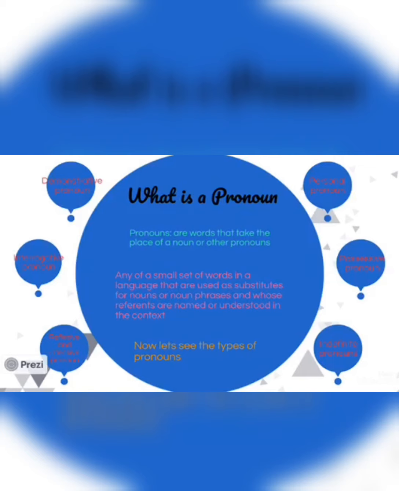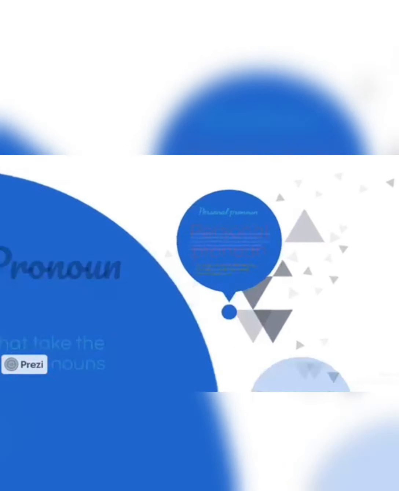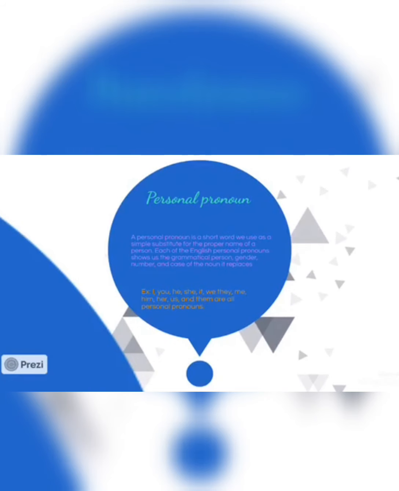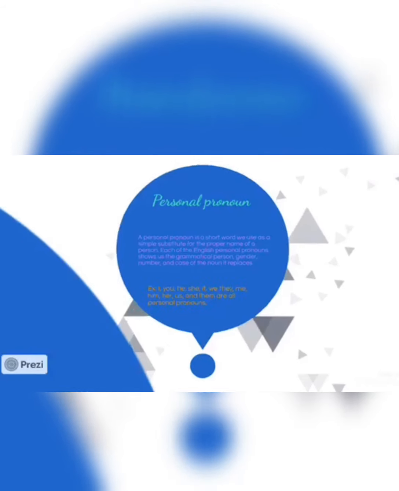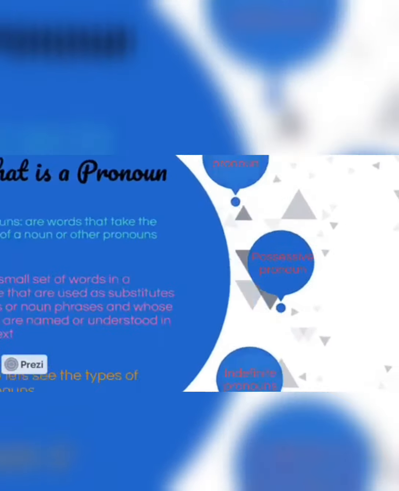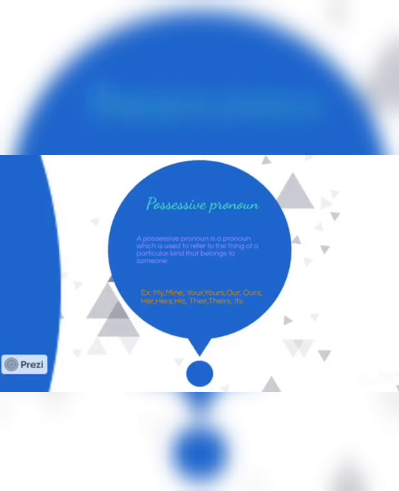What's a pronoun? Pronouns are words that take the place of a noun or other pronouns. Personal pronoun. A personal pronoun is a short word we use as a simple substitute for the proper name of a person. Examples: I, you, he, she, it. Possessive pronouns.